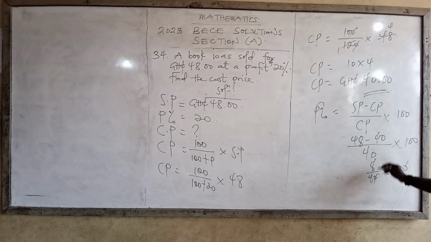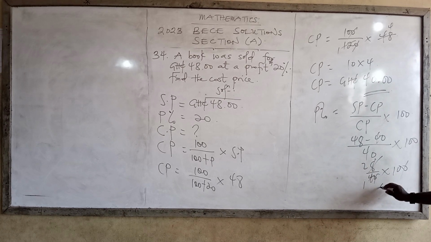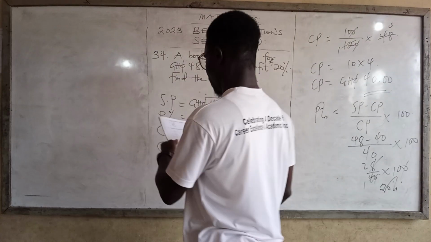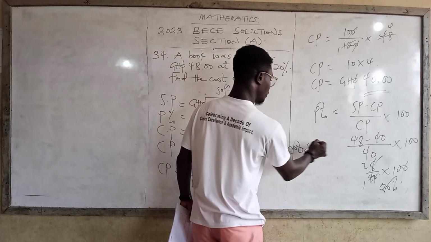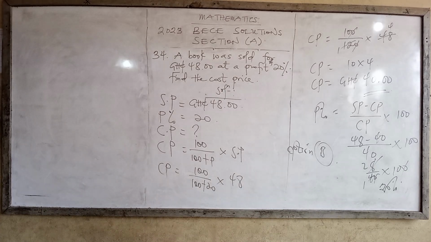Zero cancel zero. 4 here, 1 into 8 is 2. 2 times 10 will obtain 20%. So that's how we calculate the profit percent. So we can see that our option is option B. Let's proceed to our last question, which is question 35.